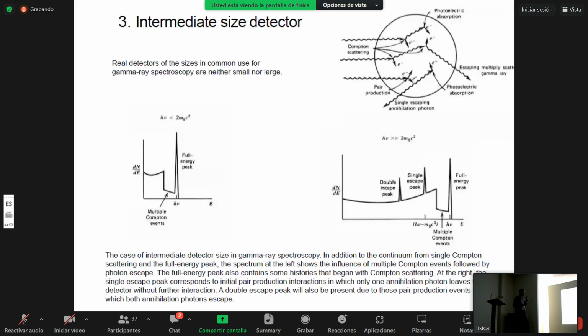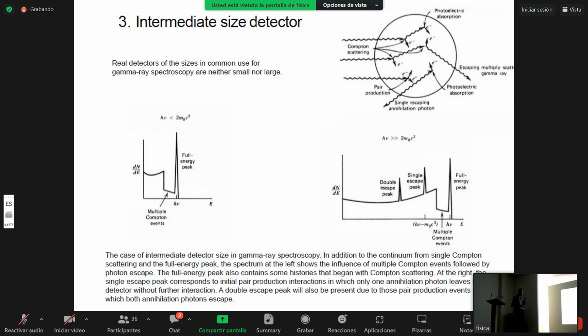In some cases, you can also have, for example, a double escape peak when two gamma rays escape from your detector, and you can have a single escape peak when only one of the annihilation photons escapes from the detector as well. And here is the full energy peak. This picture is of course applicable only for gamma rays with energy more than 1 MeV in order to create positron-electron pairs.